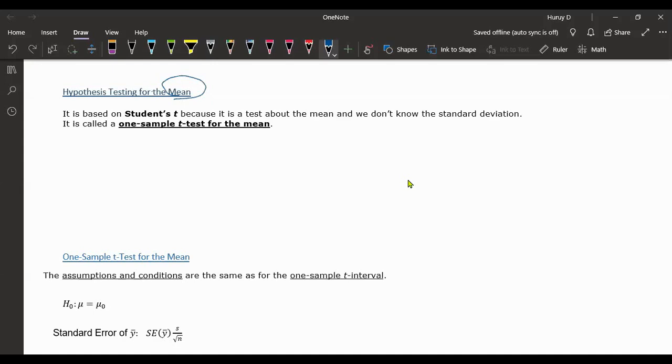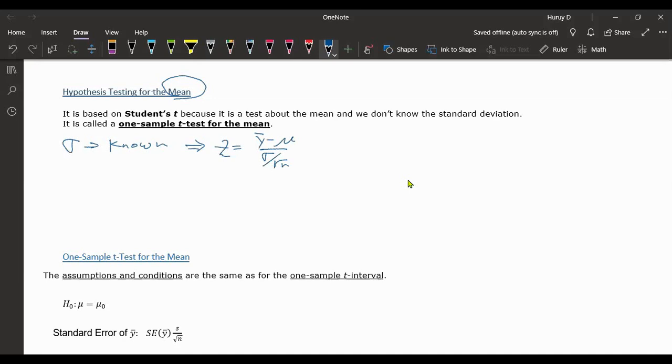One is, the question is: is sigma known? Do we know sigma? So if sigma is known, then the distribution z equals y bar minus mu over sigma over root n.